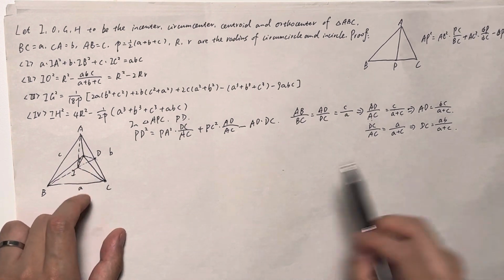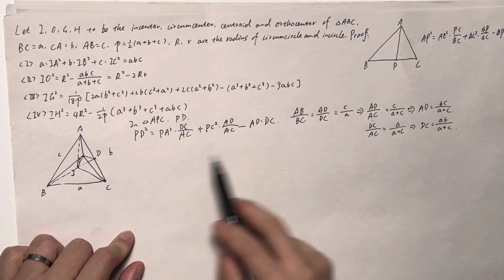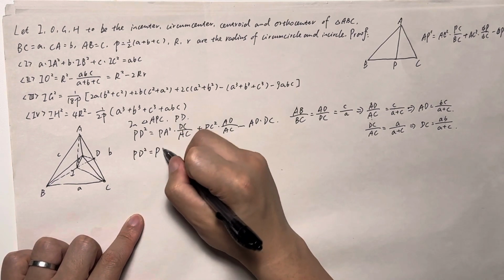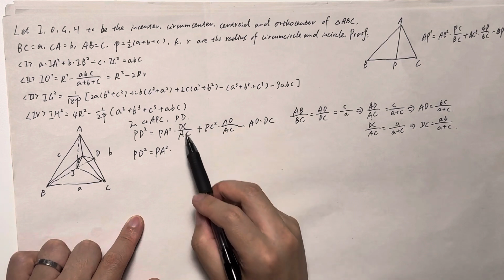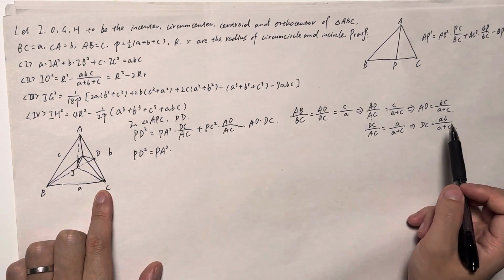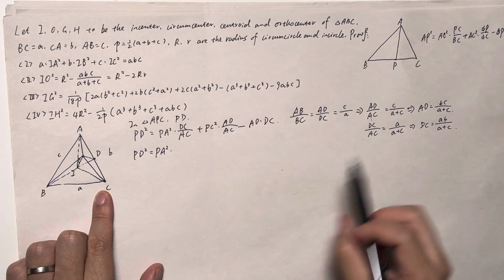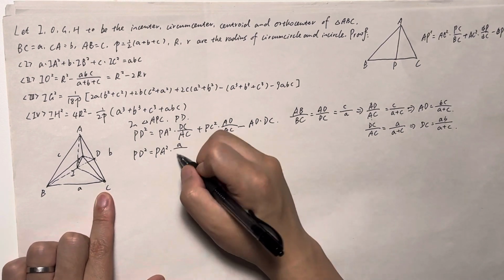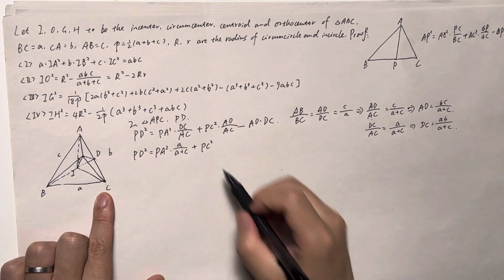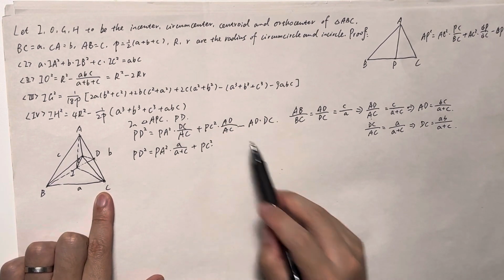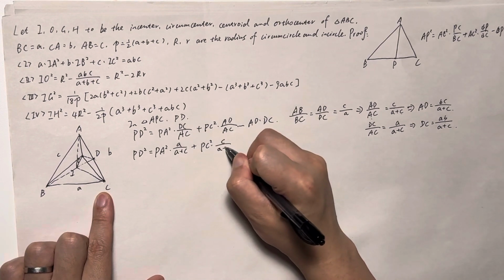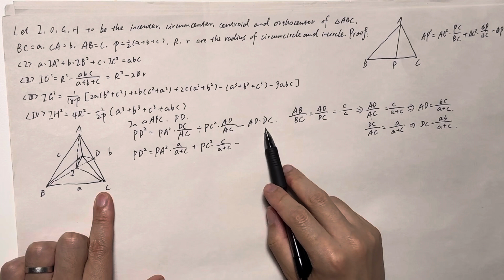So now we look at this term. PD squared equals PA squared times DC divided by AC, that's a over a plus c, plus PC squared times AD over AC, that's c over a plus c, minus AD times DC.